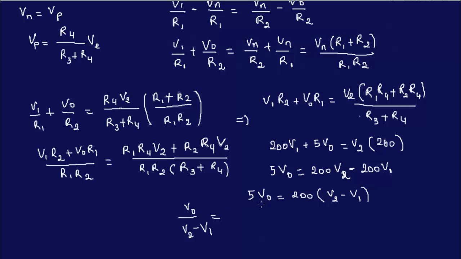If we divide both sides by that, this cancels out, and then you divide both sides by 5, so that's 40. So your gain is equal to 40. That's it. That's the answer right here.